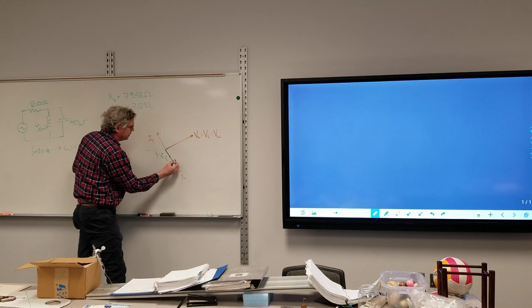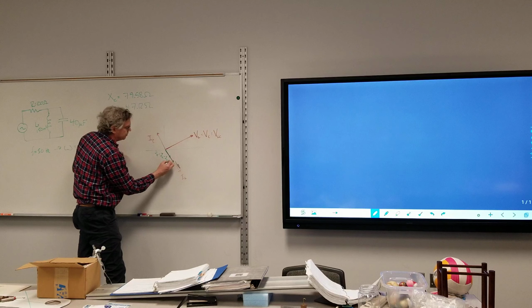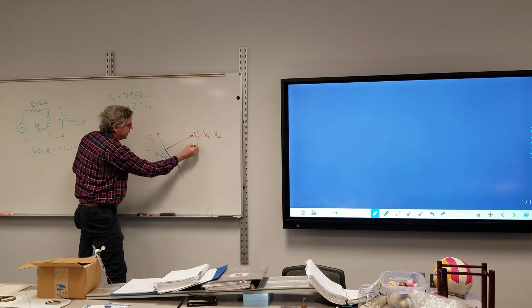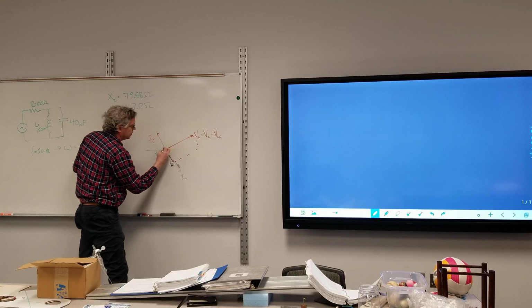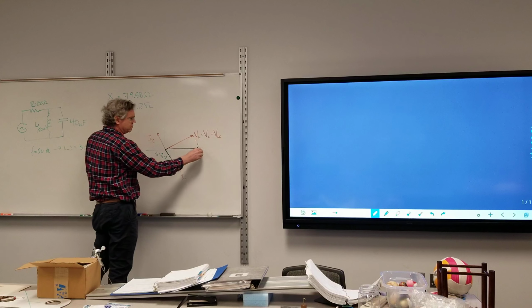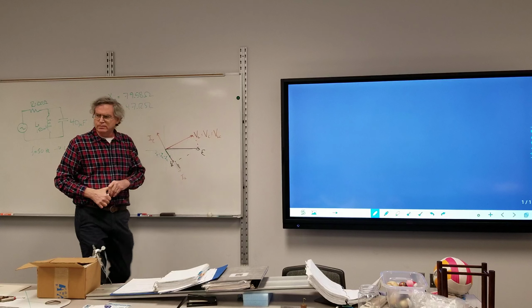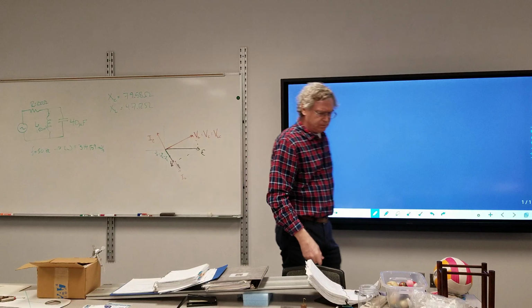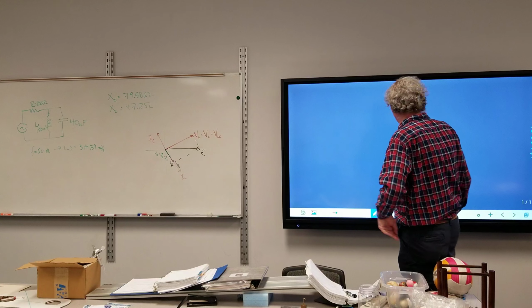So we had VR on the outside, and then I added these two. I think it was a little bit above the line yesterday, but unless we crank through the math, we really don't know exactly where things are.